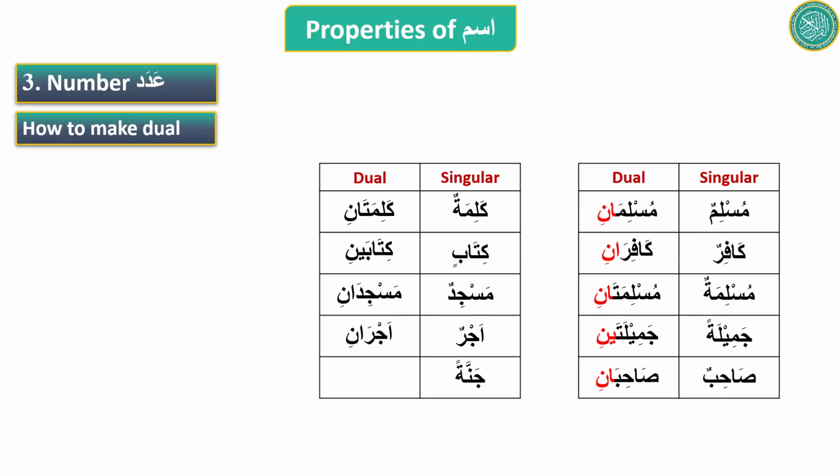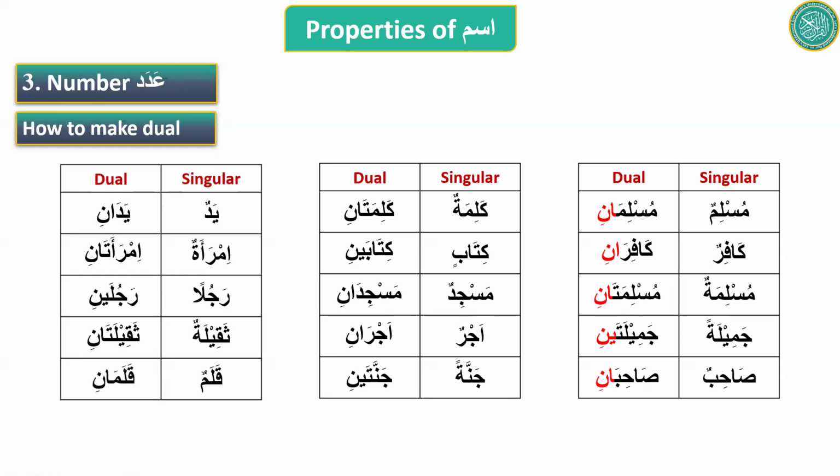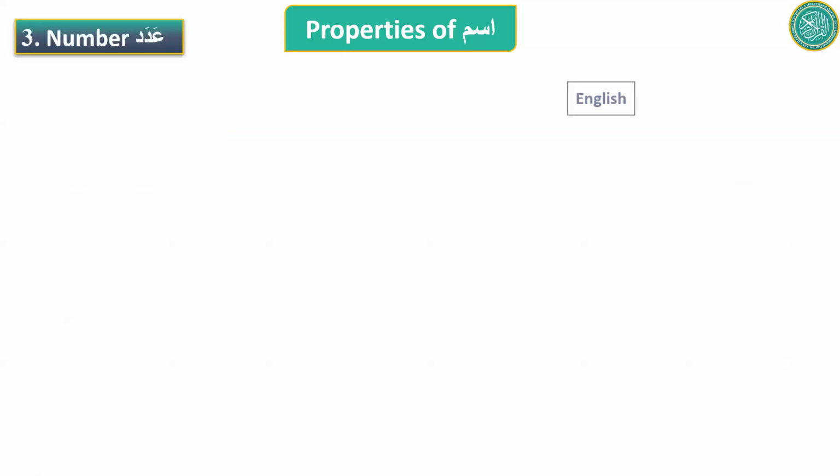Jannatani. Are you sure? Jannataini, sorry. Why Jannataini? Because it's nasab status. Yeah, we have to look after the status. So this was a short practice on how to make duals. There are more examples, but we can maybe do them in a breakout room.